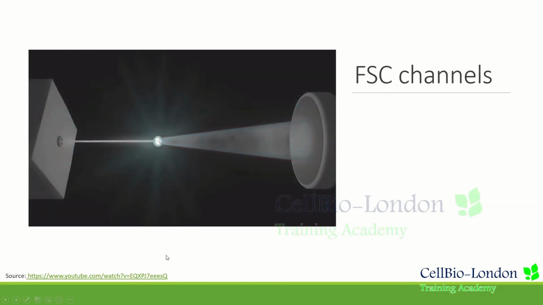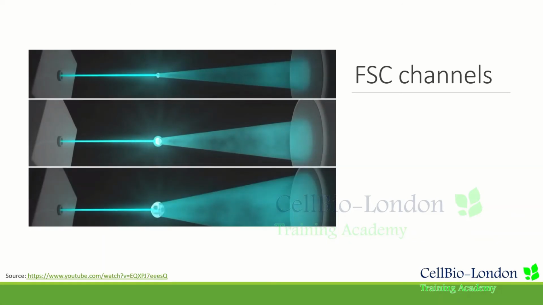This is how we call it forward scattered light: it's the light scattered at an angle of 20 degrees from the laser beam's axis, and, in general, to sum up, it gives the estimation of the particle size.